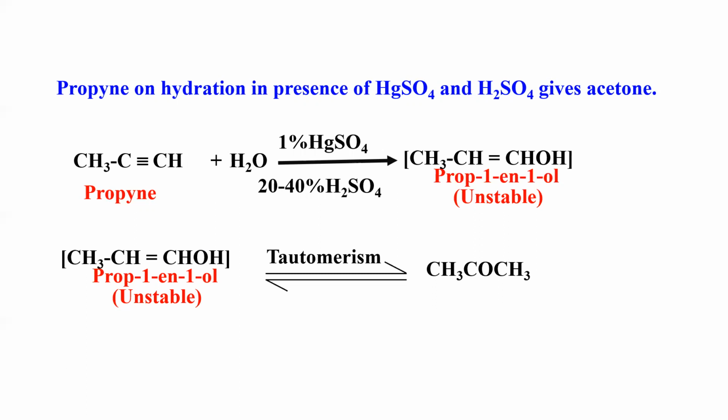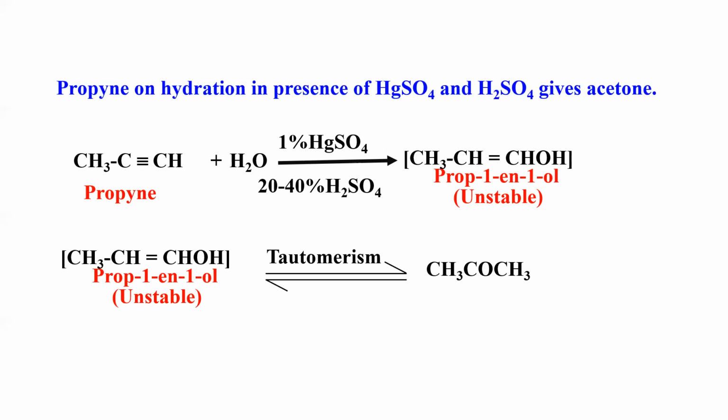Now, I want you to clearly imagine and understand what's happening here. You need to observe the reaction and see what's happening from the reactant to the product. You can clearly see oxygen has come to the center carbon. If oxygen comes to the central carbon, the hydrogen shifts to the carbon on the right.